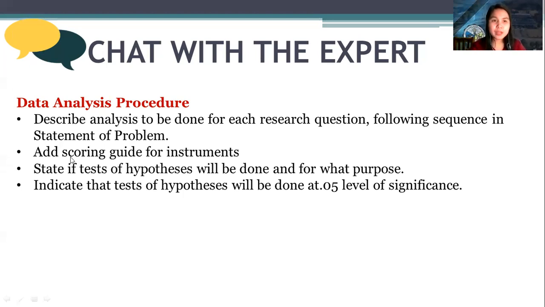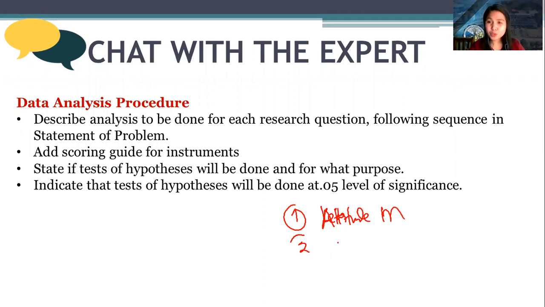The next one. Now, once you have the data analysis, follow the sequence of the statement of the problem. You can group the same treatments together. Example. Let's go back to question number 1. What is the students' attitude towards math?